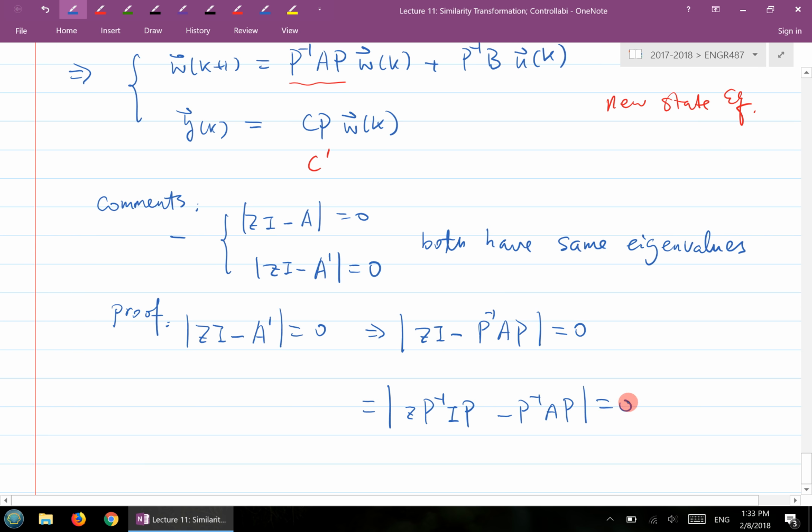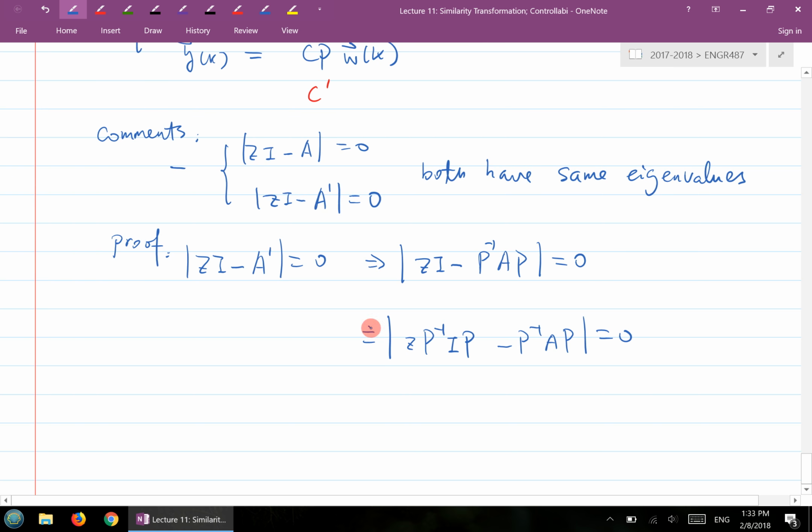So this can be rewritten as P inverse on the outside, zI minus A in the middle, and another P matrix on the outside. Both of these are constant and non-zero, and the only one you can solve with the variable is zI minus A equal to 0.